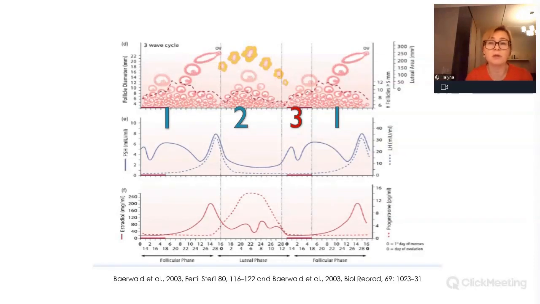This is one of the biggest problems with patients with poor ovarian reserve: they come on the first or second day of the cycle, and we cannot start the stimulation because we can see follicles, but all follicles have different sizes. Sometimes we can start stimulation in the second phase of the cycle, sometimes just after ovulation. So we look for this wave and try to find the best moment to start the stimulation.